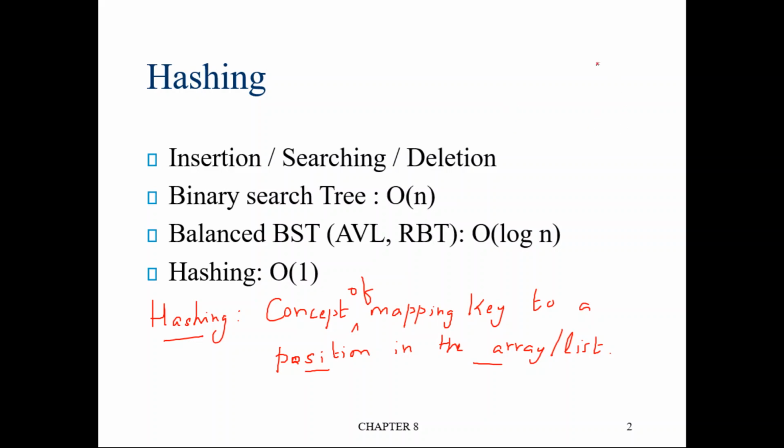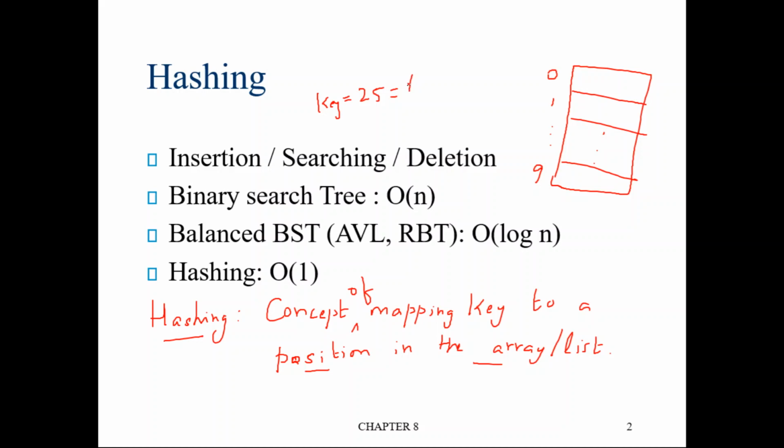For example, say we have an array of size 10, that is, it can hold 10 elements. The indices are 0, 1, up to 9. Now say I want to place an element 25; this 25 is called the key. This key 25 will be given to a hash function of the form h(k).